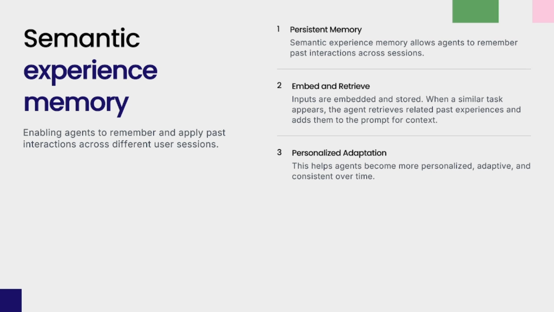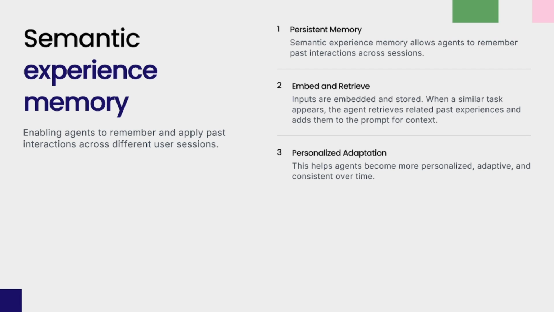You understand? It stores information from sessions that it has had, the context and everything. It embeds them and stores them in a vector database, and then it can retrieve them whenever there is a prompt for such context.